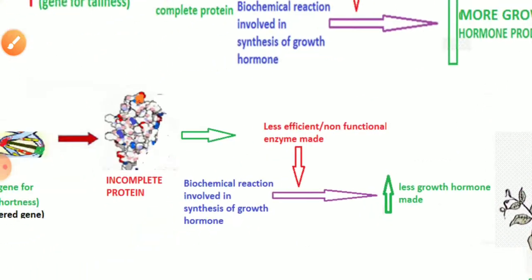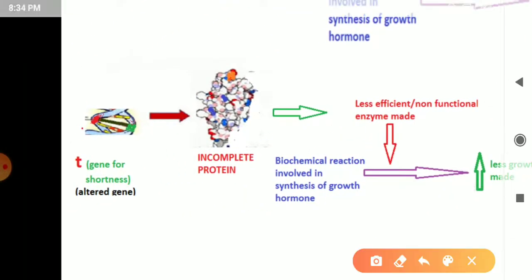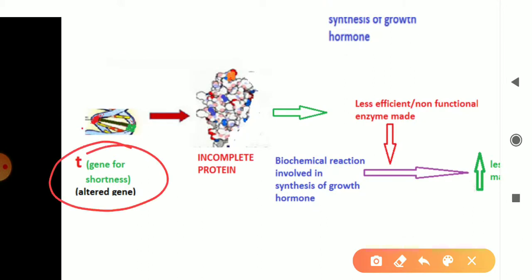But the gene for shortness or dwarfness is an altered gene. It's an alteration of the tallness gene. This is a recessive gene, you all know that, right? So why, when this is present in a pair, does the plant become short?